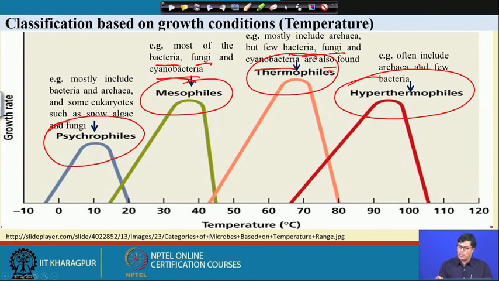These often include the archaea and a few bacteria. These are extremophiles, particularly in volcanoes, where we can identify organisms that are hyperthermophiles, because in volcanoes we have very high temperature, and the organisms that survive there withstand very high temperature.